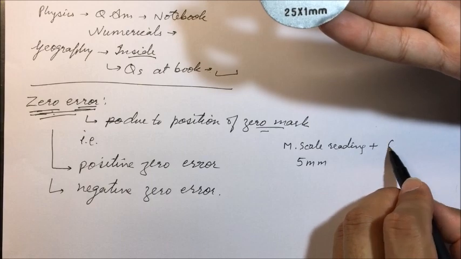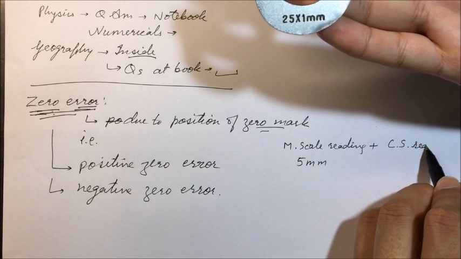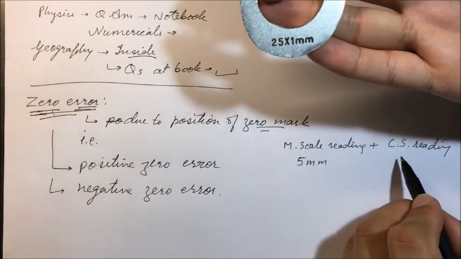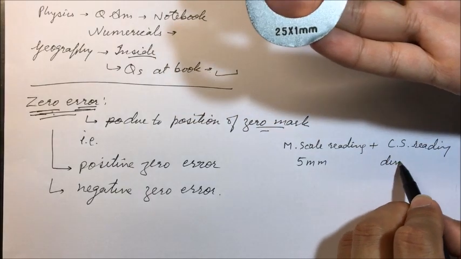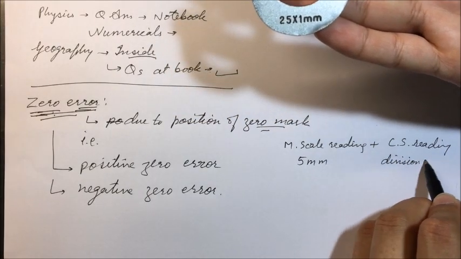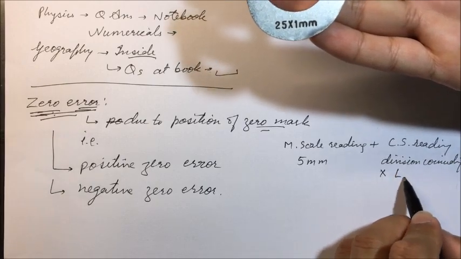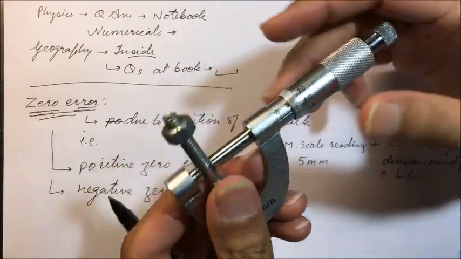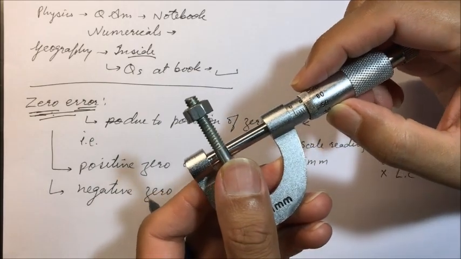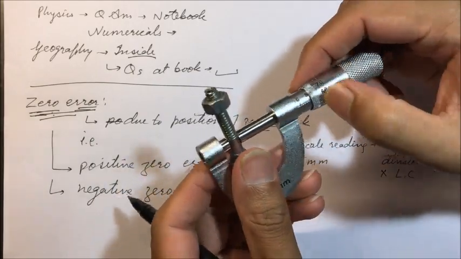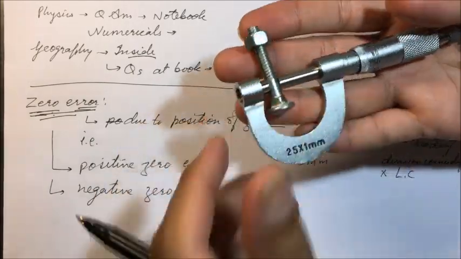Plus the circular scale reading, which is the division coinciding into the least count. As you can see, there are 100 divisions, so each mm is divided into 100 parts. So what is the least count?